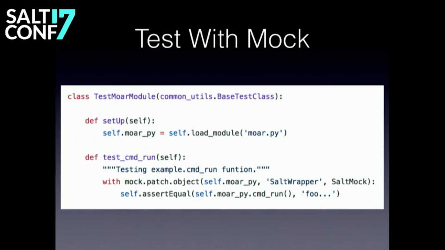Next, we have the actual test command. One of the things you may notice that's different is the inclusion of a doc string. And the reason this is cool is with nose, when you do --verbose, it will actually output the doc string instead of the name of the method.